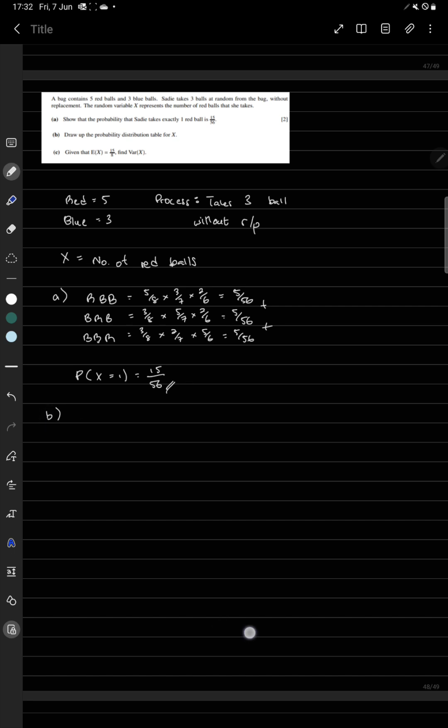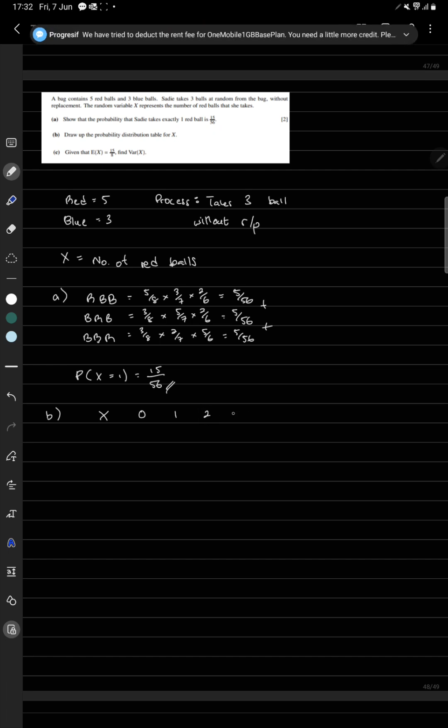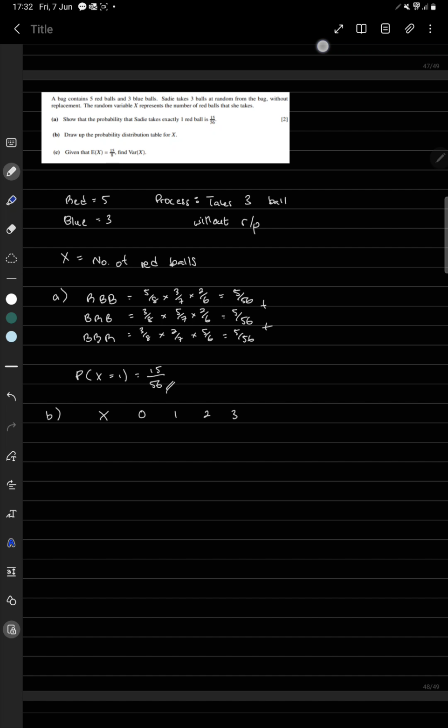Okay, now let's move on to part B. We want to draw up the probability distribution table for X. Let's list out the possible outcomes of X: no red, 1 red, 2 reds, and finally 3 reds. Now let's find the probability of each. Probability of X equals 0 is going to be all blue.